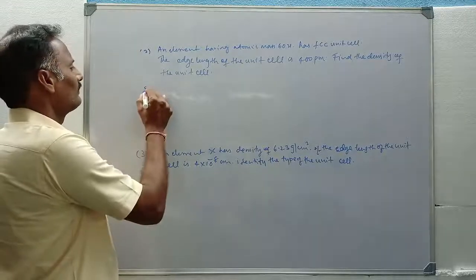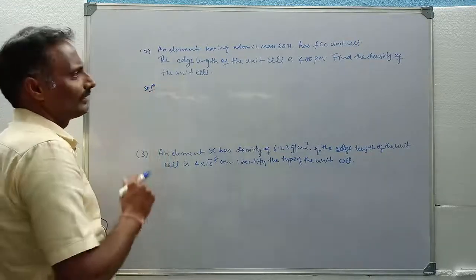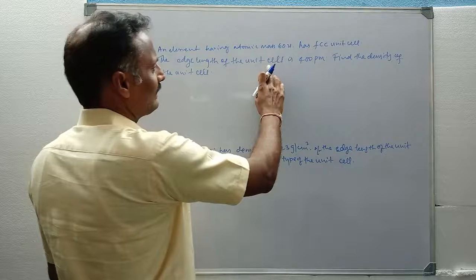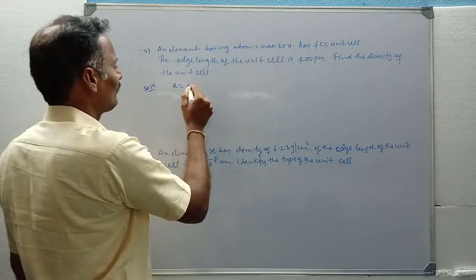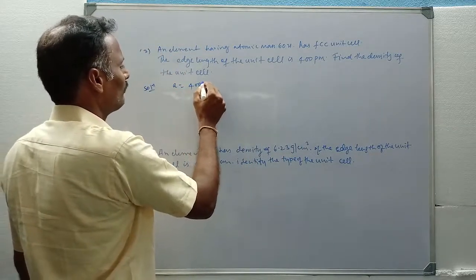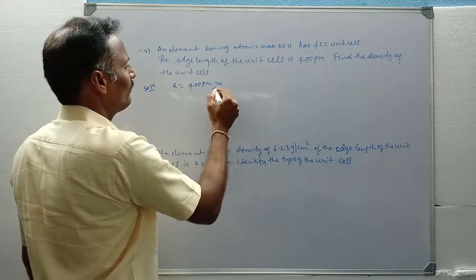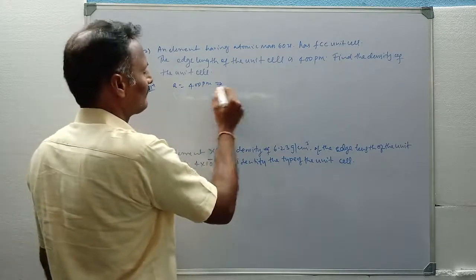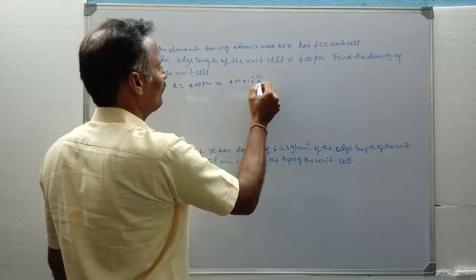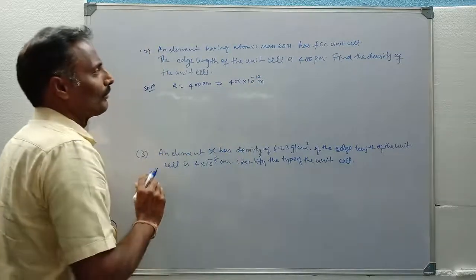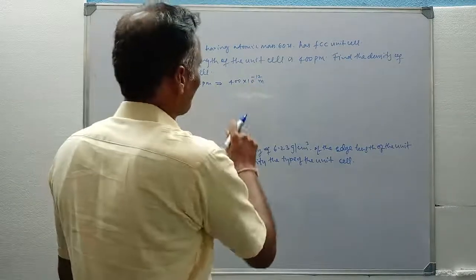For solving this, you first write down the given data. The edge length of the unit cell is given as 400 picometers. You convert picometers into meters, that is 400 into 10 to the power of minus 12 meters. Here you are calculating density.